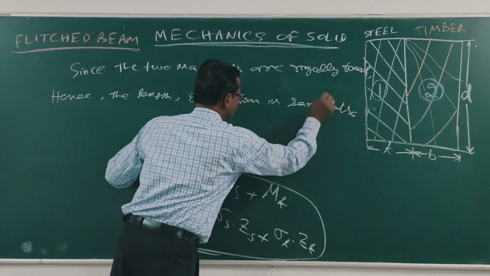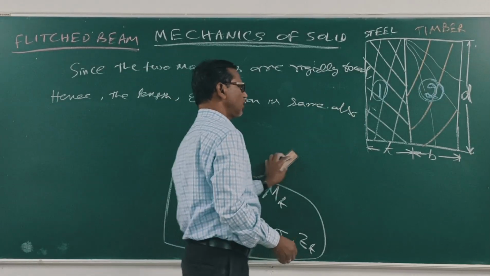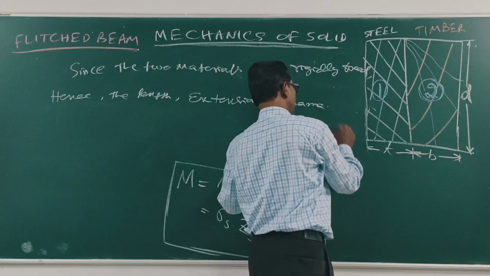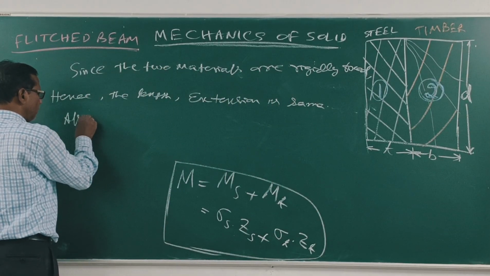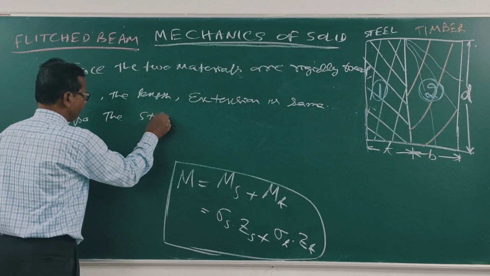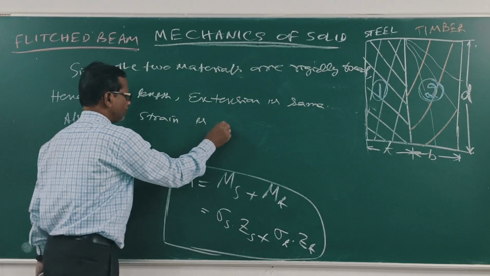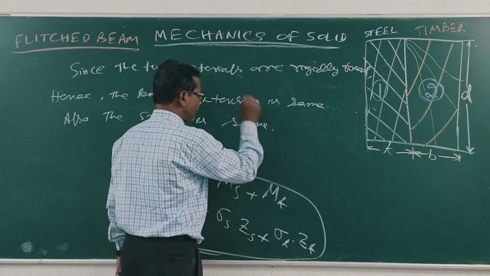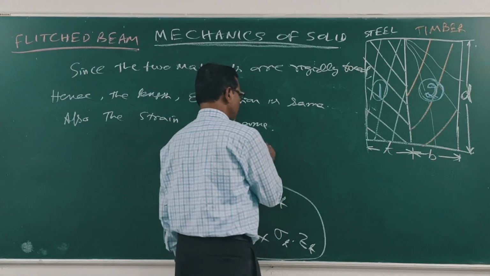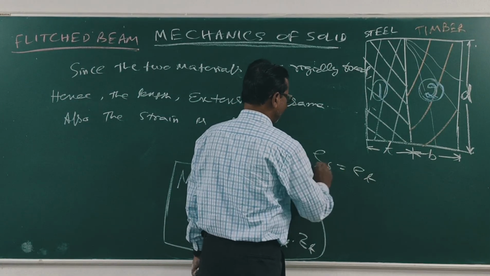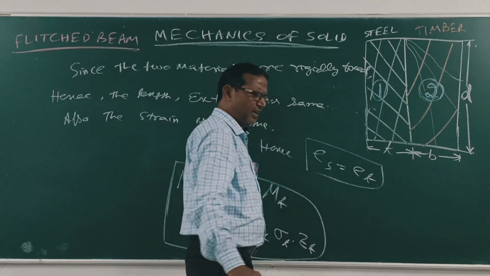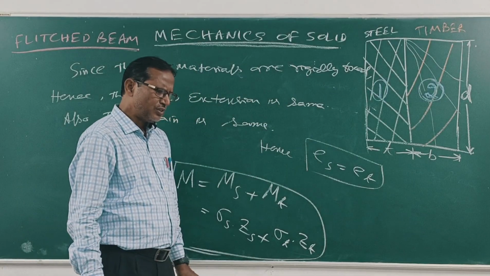Also, the strain is the same. Clear? Hence, strain for steel is equal to strain for timber, εS = εT.